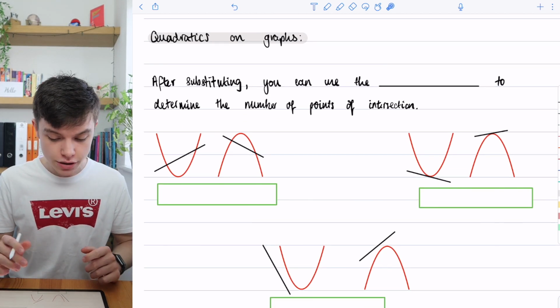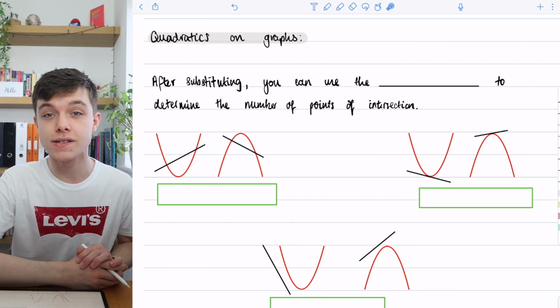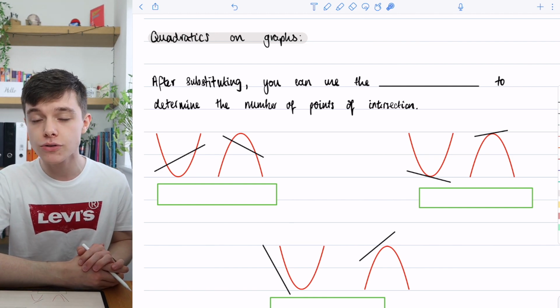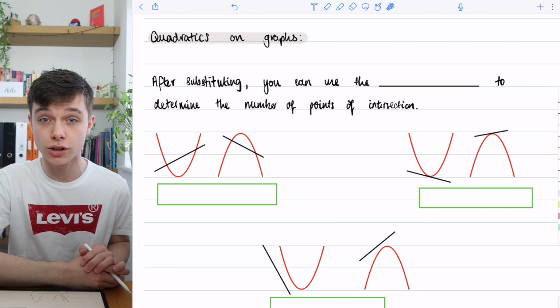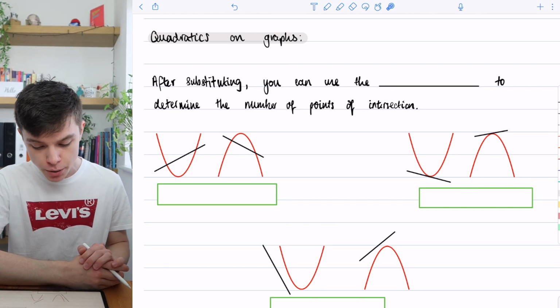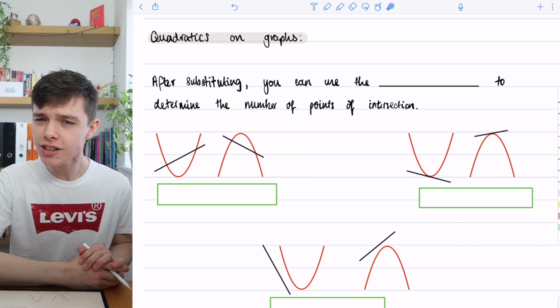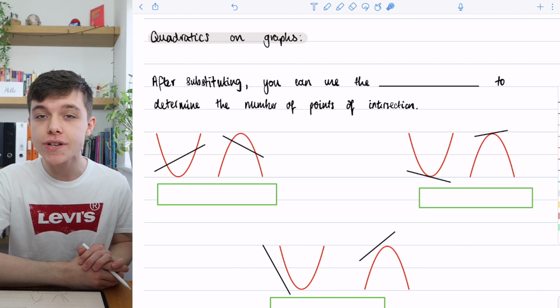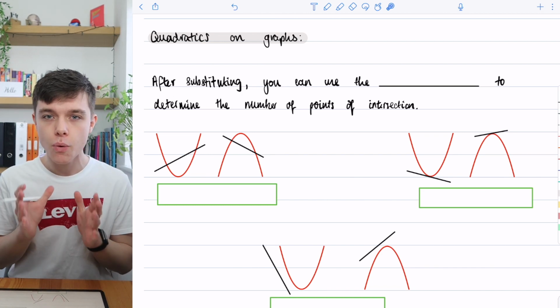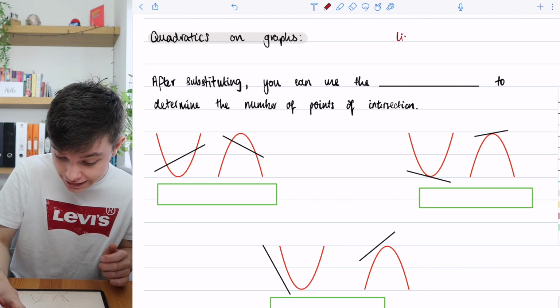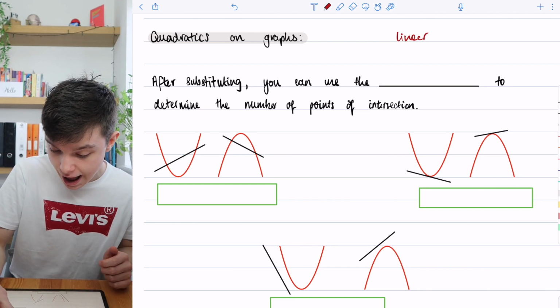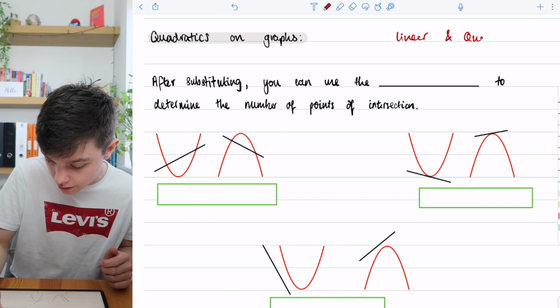Now, I'm just going to focus now on quadratics on graphs, okay? So we've had a look at how to solve them on a graph simultaneously and what the solution actually represents. But what we can do is work out how many solutions a quadratic simultaneous equation is going to have. Now remember, with a quadratic simultaneous equation, you have a linear straight line and you have a quadratic curve.